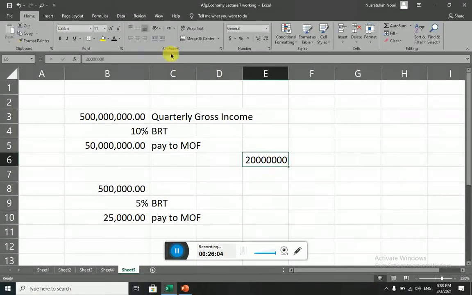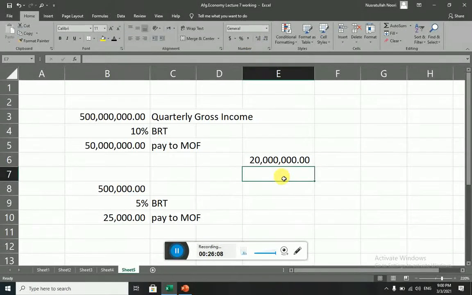By law, we are required to pay 4% because we are neither a telecom sector, nor hospitality, nor airlines or aviation. We are other than those 6 categories that I earlier mentioned. So that's why we are required to pay only 4% BRT.